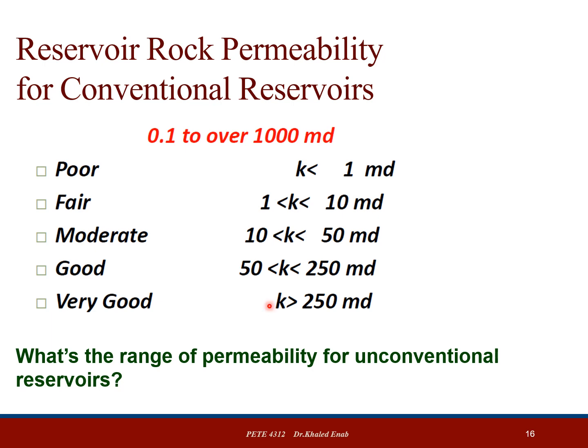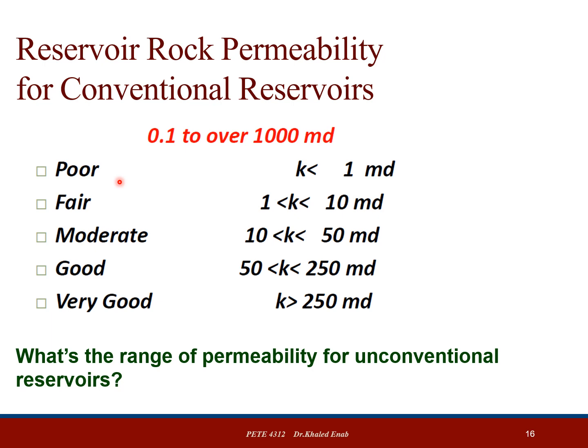Reservoir rock permeability for conventional reservoirs. If a reservoir has a permeability less than 1 millidarcy, that's considered poor. For unconventional, that's considered high and very good. So always keep in mind that we focus on conventional.